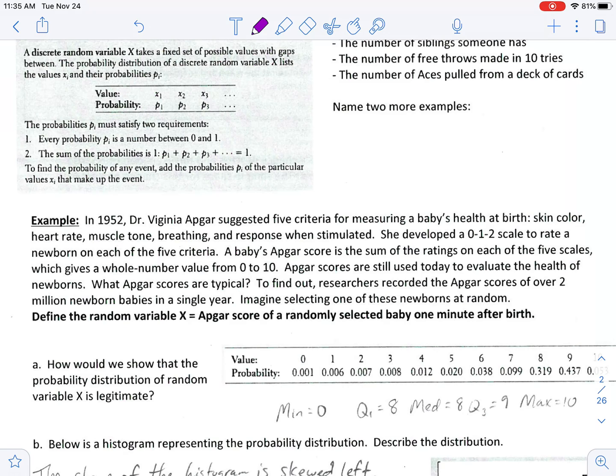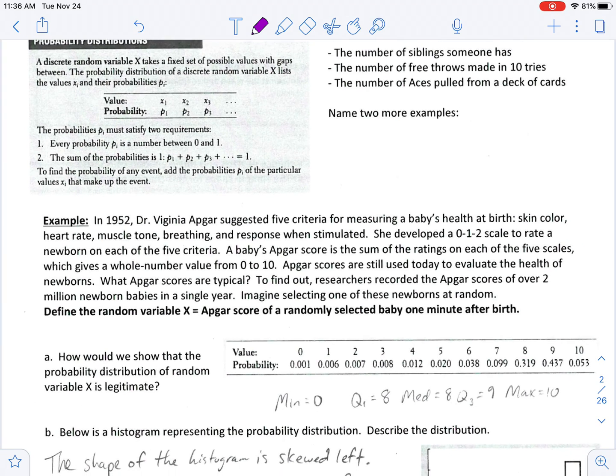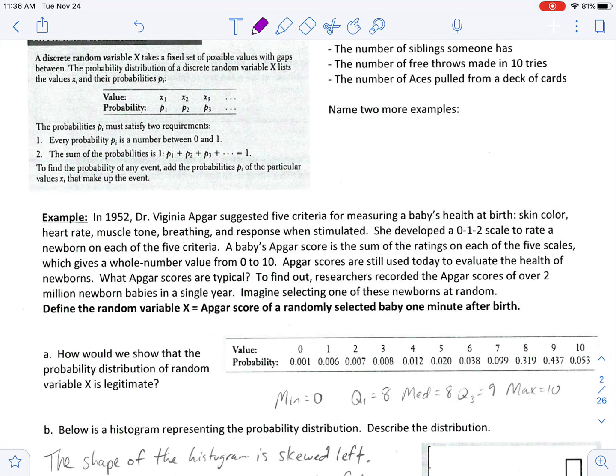So in this problem, we see Dr. Virginia Apgar, I think I spelled that wrong. There's an APGAR score. The babies are born, and literally minutes later you are given a score for your baby. You're already rated the moment you're born. This is on various things related to skin color, heart rate, muscle tone, things to show whether or not the baby is relatively healthy.